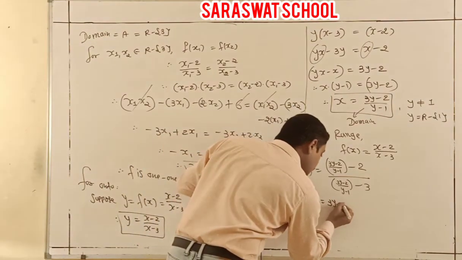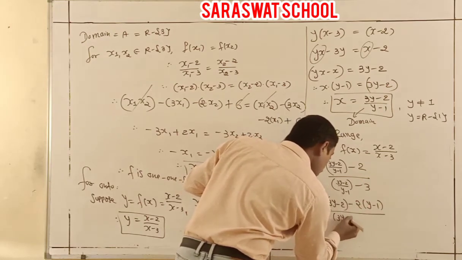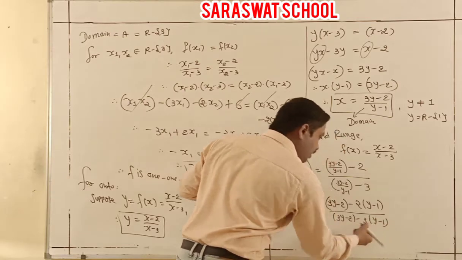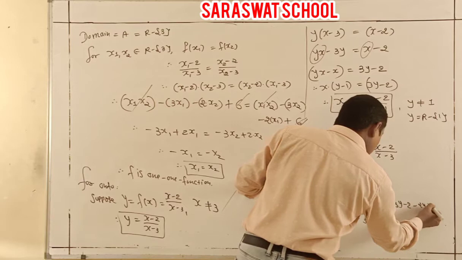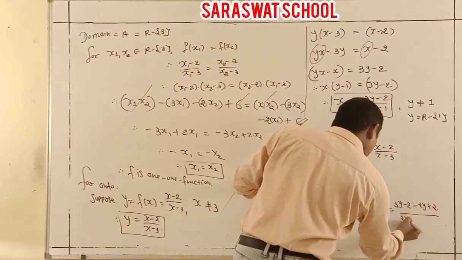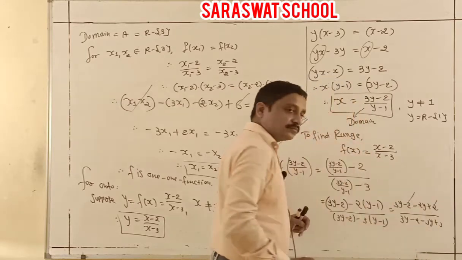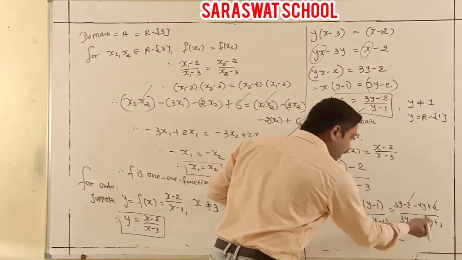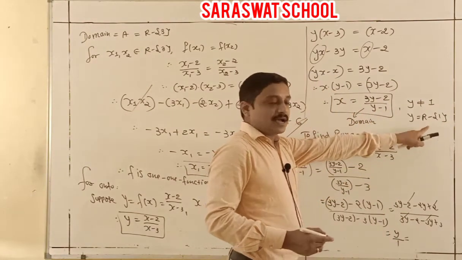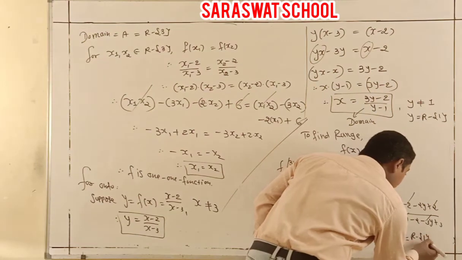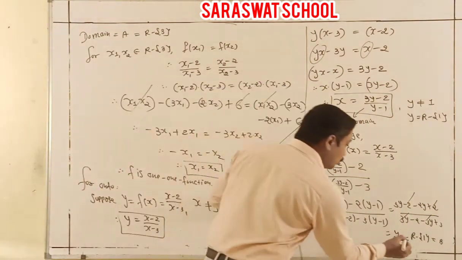So (3y minus 2) minus 2(y minus 1), over (3y minus 2) minus 3(y minus 1). This cancels easily, I get only y, and upward also this cancels, only 1. And what is the y? R minus 1, and it is called B. Check your question again. Yes, it is your codomain.